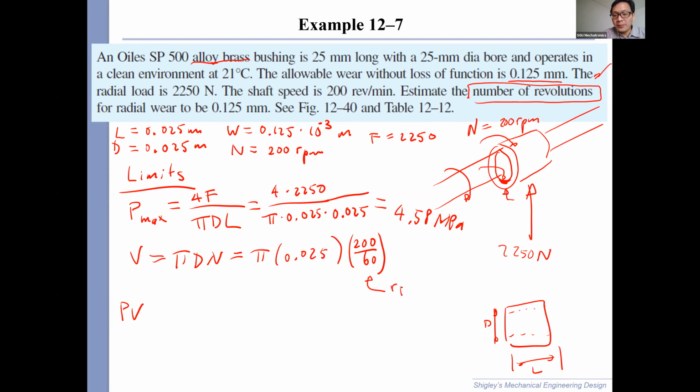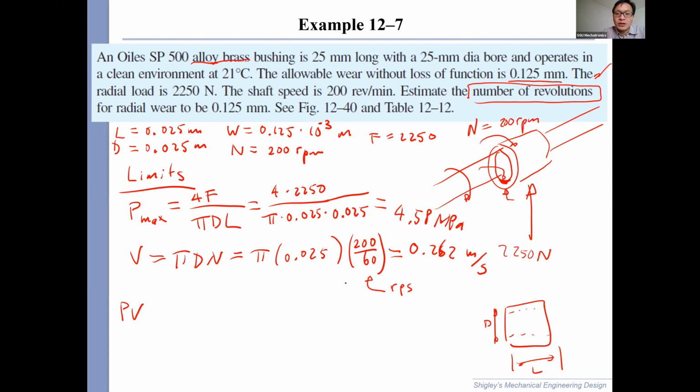So we want RPS over here because our units, we want in terms of meters per second. So because I want my velocity to be in meters per second, then this n gotta be revolution per second.